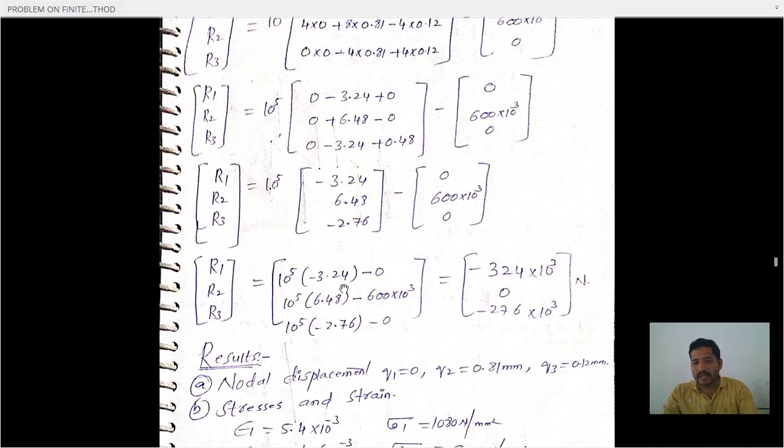So if you multiply this term, you will get minus 324 into 10 power 3. If you add this value, it will become 0. If you multiply this term, it will become minus 276 into 10 power 3.